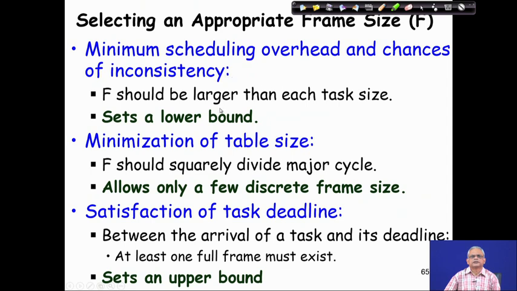So, f should be larger than the task size, otherwise it becomes complicated to run it, because each time the scheduler wakes up on a periodic timer interrupt, it must start execution of some job. And f squarely divides the major cycle, otherwise the schedule table will become large.